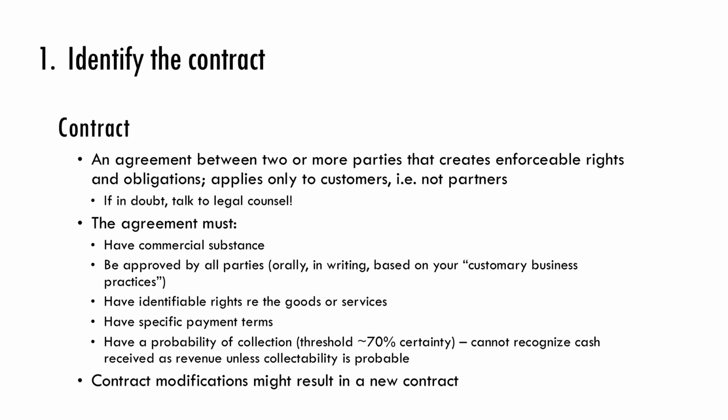There must be specific payment terms. So if you have an agreement with a customer, hey, I'll do this for you, and yeah, you know, pay me sometime, that's not a contract. You cannot recognize that revenue because it is not a contract until your obligation is complete. There must be a probability of collection, and it recommends a threshold of about 70% certainty or probability. So this is important.